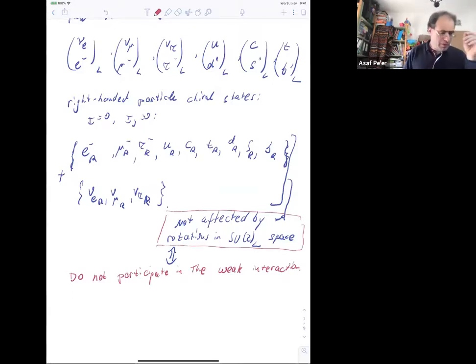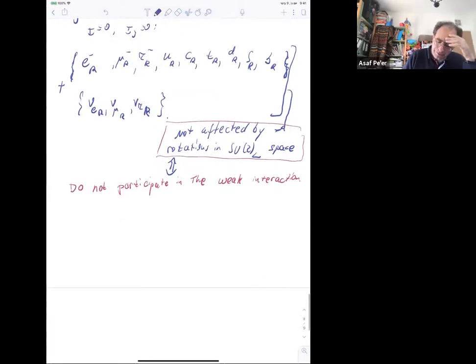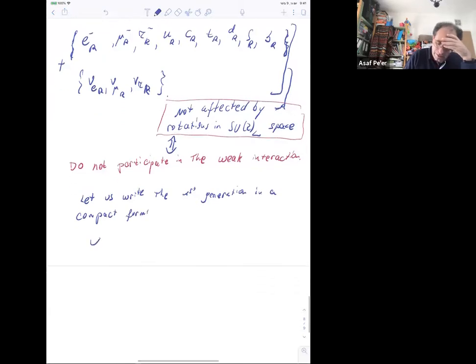Okay, now we said we're talking about the gauge symmetry. So let's look at the left-handed fermion states. Each doublet we can write in a compact form. For example, the first generation in a compact form: psi L, I'm going to write as neutrino e and e minus left.